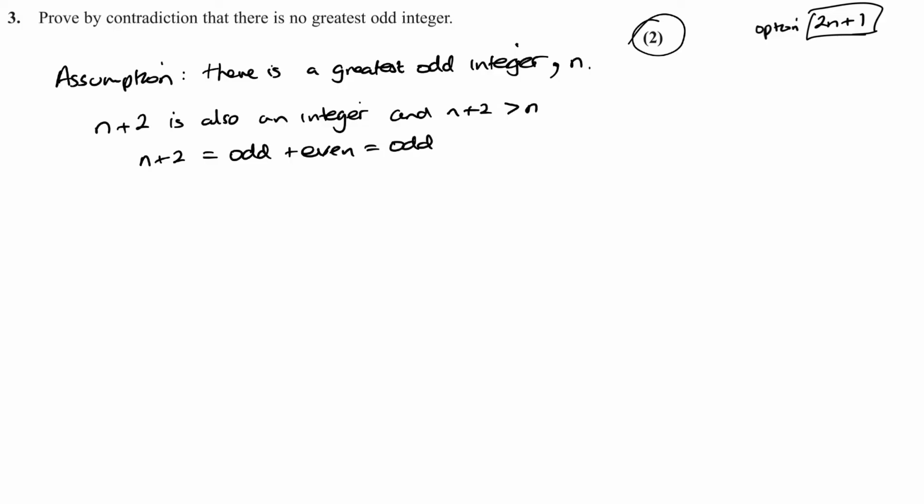And then we just finish with a simple statement, a conclusion, if you will. So something along the lines of, so there exists an odd integer greater than n.